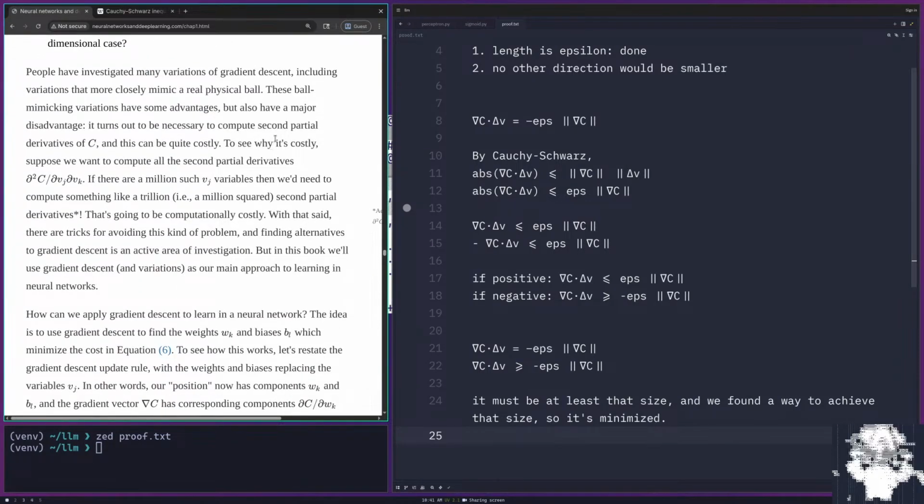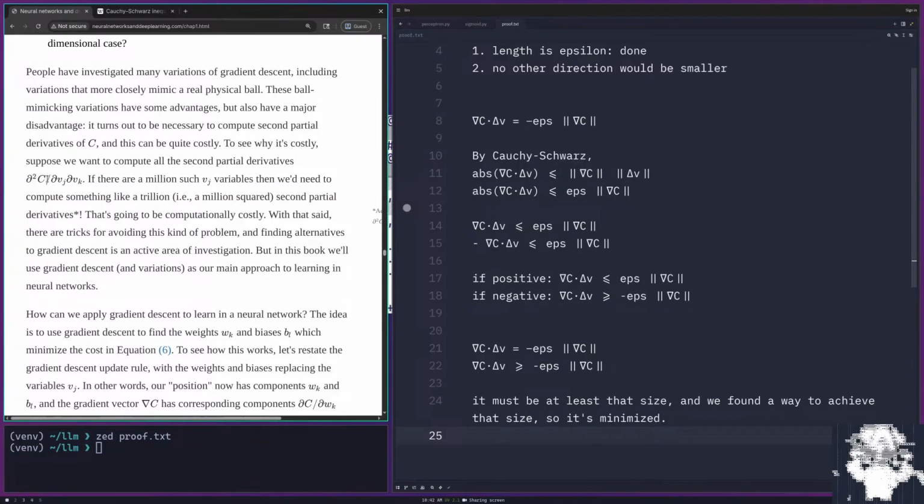All right, moving on. People have investigated many variations of gradient descent, including variations that more closely mimic a real physical ball. These ball mimicking variations have some advantages, but also have a major disadvantage. It turns out to be necessary to compute second partial derivatives of c, and this can be quite costly. To see why it's costly, suppose we want to compute all the second partial derivatives.